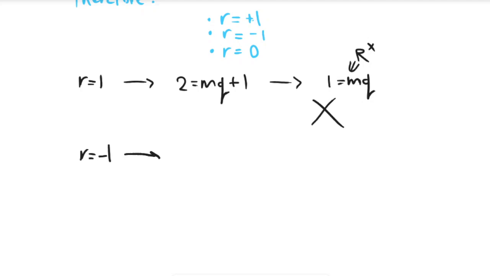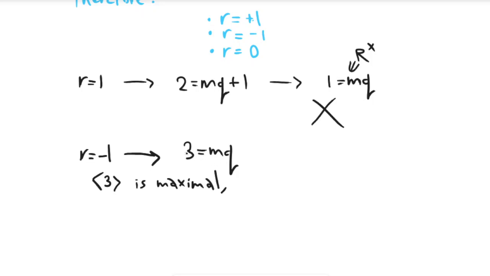So if r is negative 1, in this case we get that 2 is equal to mq minus 1, and so we get that 3 is equal to mq. Right, and so now what we want to do is use another one of our facts. Remember that the ideal generated by 3 is maximal. This is the second fact that we had.